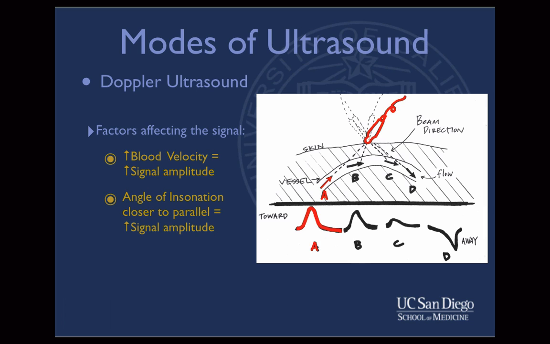Hence, a higher positive amplitude signal is received. In positions B and C, the transducer beam is progressively less and less parallel with flow, resulting in a lower amplitude signal. Finally, in position D, the beam is again parallel to blood flow, however flow is now moving away from the probe, resulting in a negative high amplitude signal.